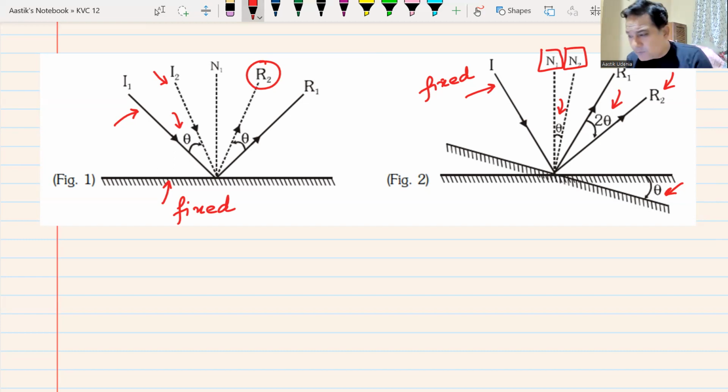What is the new angle of reflection? That is how they are going to ask the question. Will you be able to do this? Yes or no? If you understood this concept, if you know the original angle of incidence, you can find out the new angle of reflection. That is how, my dear friends, questions are made in JEE.